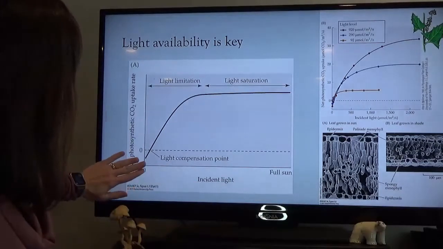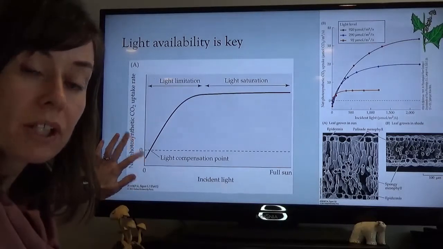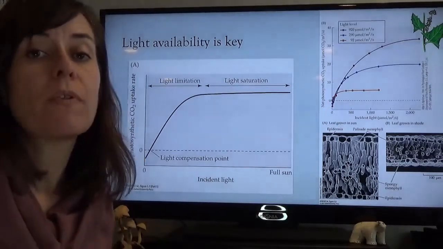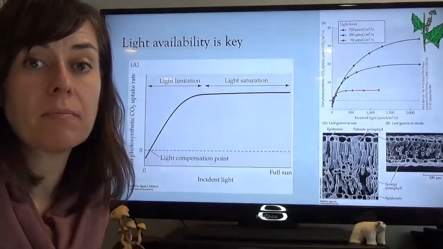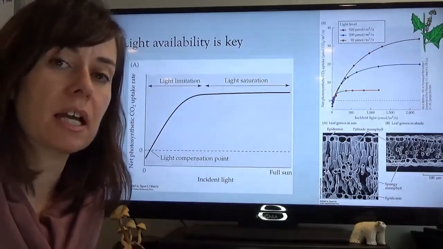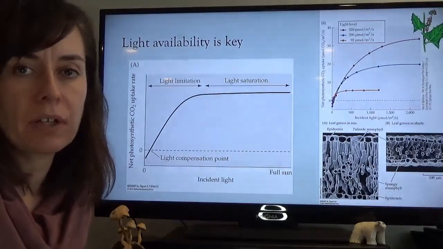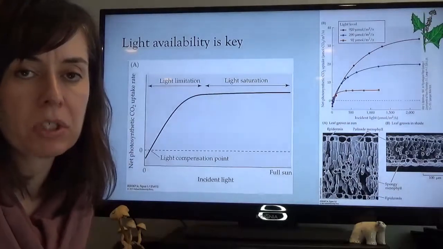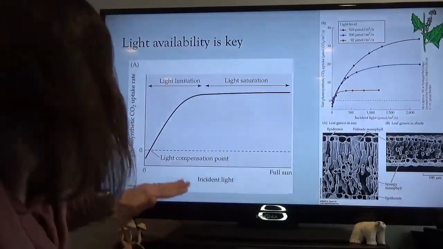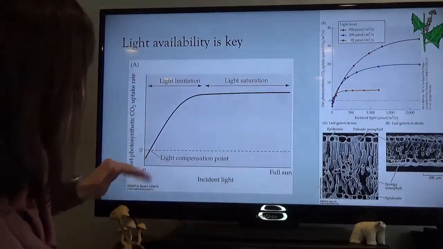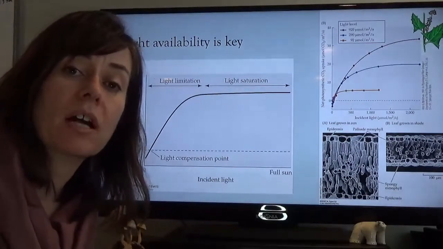Okay, so when we're in the dark, no photosynthesis is happening, and in fact there's a negative photosynthetic value, and that's because of respiration. Those are the metabolic processes in the cell that support all the costly things a leaf has in it, like rubisco and other enzymes and proteins that support cellular function. All organisms have these respiratory processes. So when you put a leaf in the dark, its photosynthetic rate is negative because it's producing carbon dioxide through respiration.